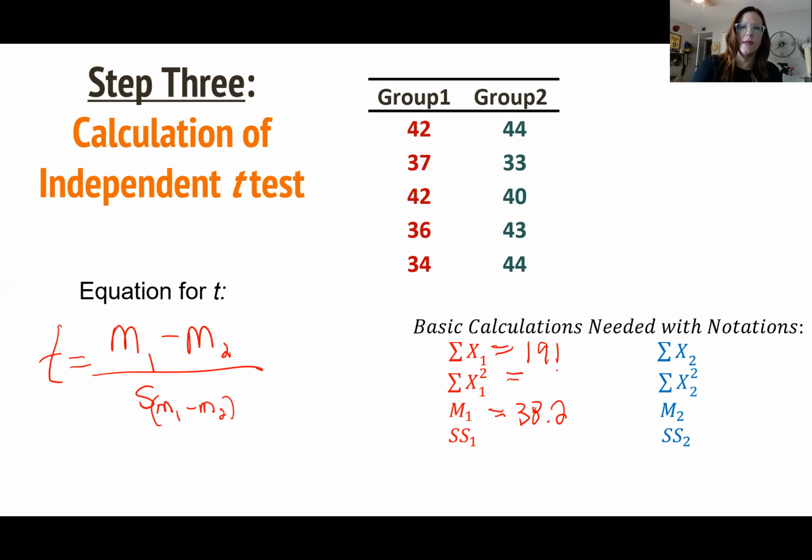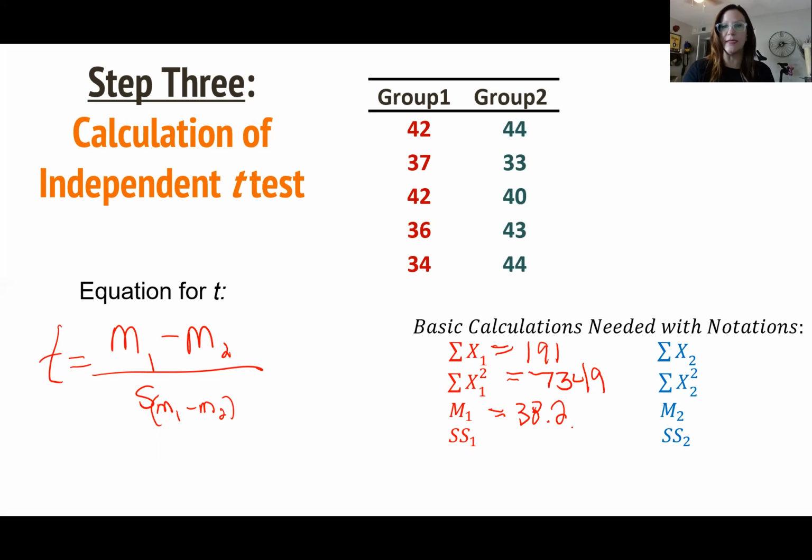Okay. Our sum of x squared for the first group, as you can see, is 42 squared plus 37 squared plus 42 squared plus 36 squared plus 34 squared. So that's 7,349.